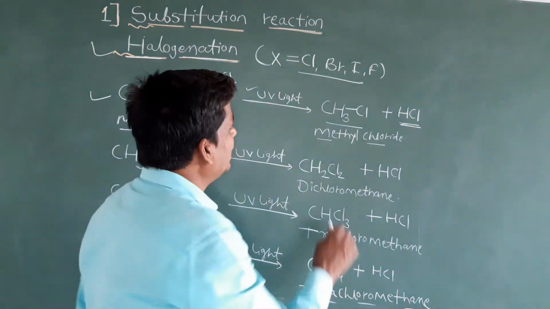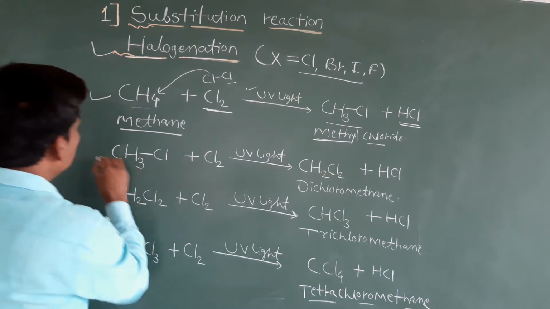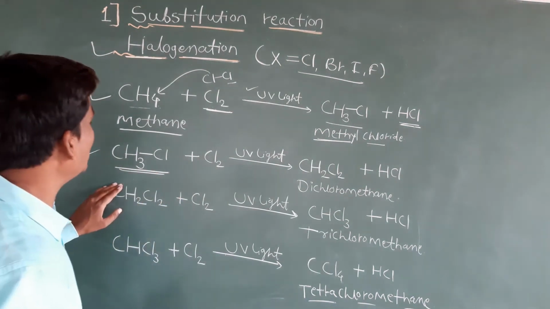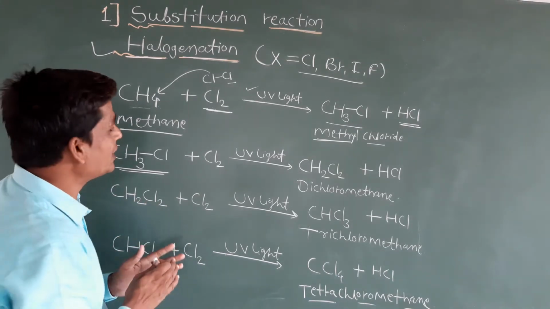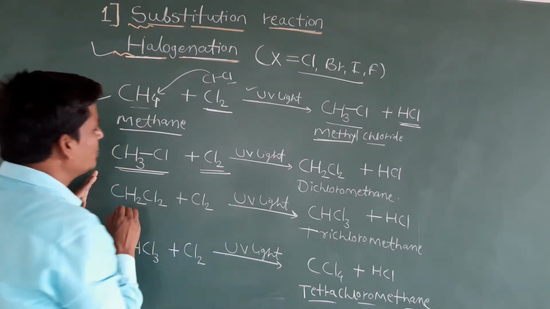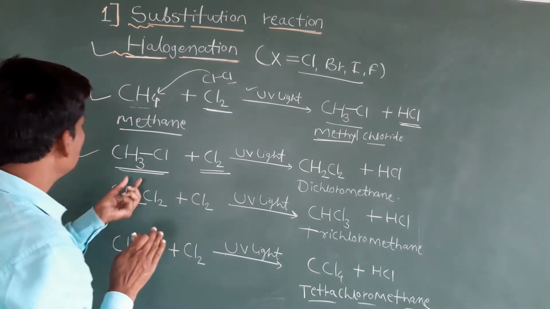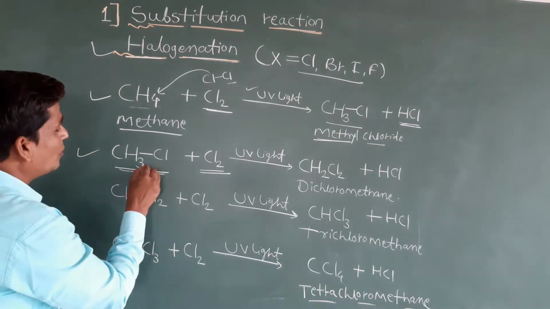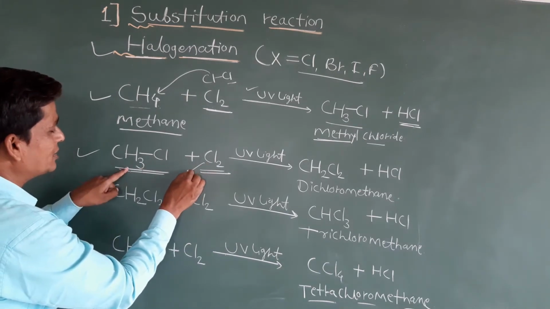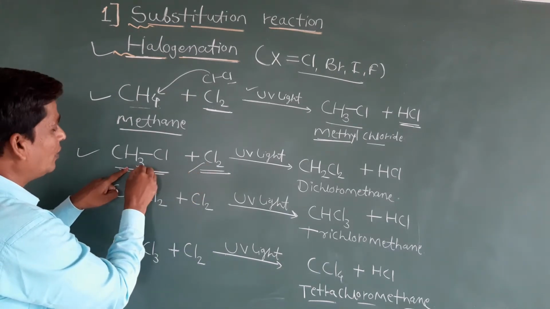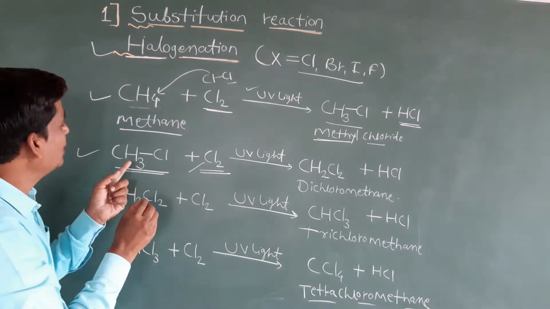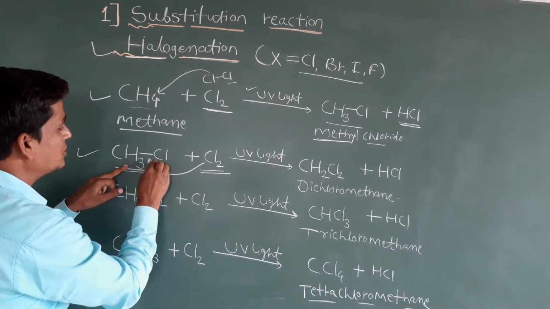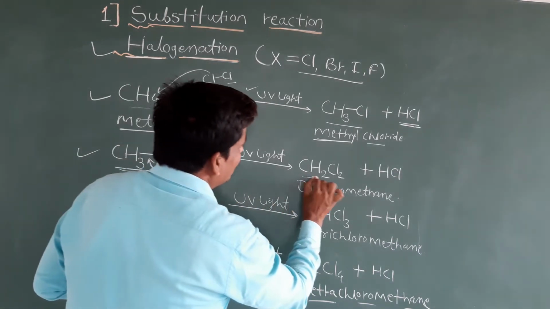Okay students, again we take this methyl chloride, CH3Cl. The same halogenation reaction takes place. I am again taking Cl2. Again the same procedure goes on. How many hydrogens are there? Three hydrogens. Now one more hydrogen is removed from this CH3, so CH2 is left, and one more Cl attaches. Then we get CH2Cl2.